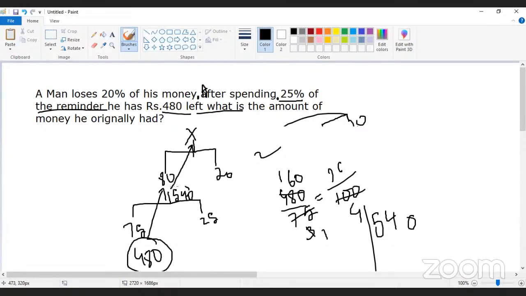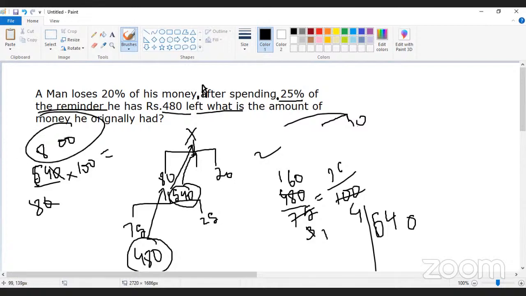Okay, now it is called 80%. Now I will find what is the original money. So 640 is of 80%. Then what is the original money? That means I want to find it for 100. So that would be 800. That's all. Getting it?